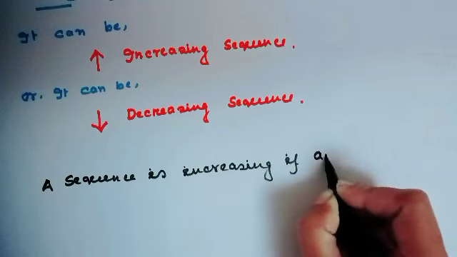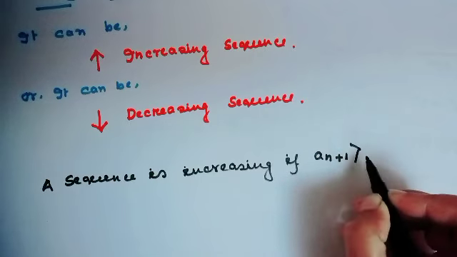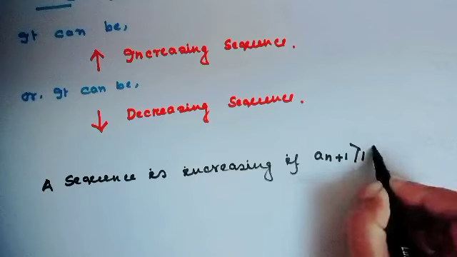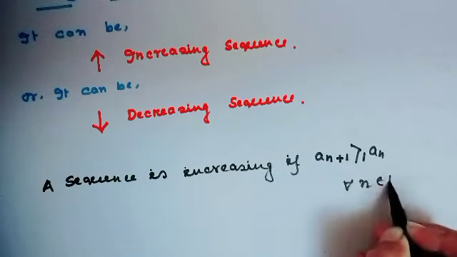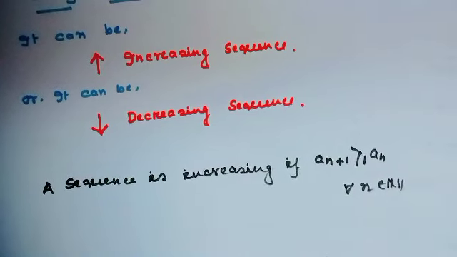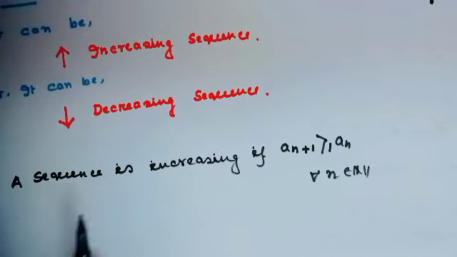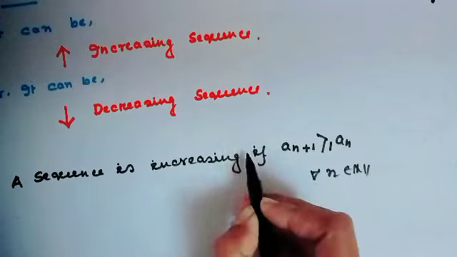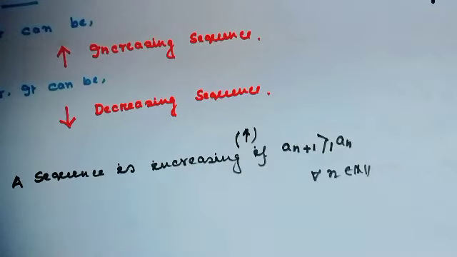That means a_{n+1} greater than or equal to a_n for all n belongs to the natural numbers. Okay? This is the increasing sequence, which is denoted as this arrow.